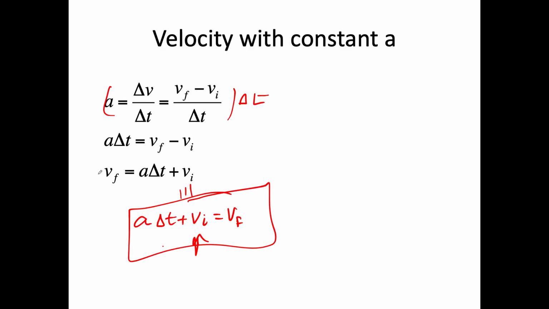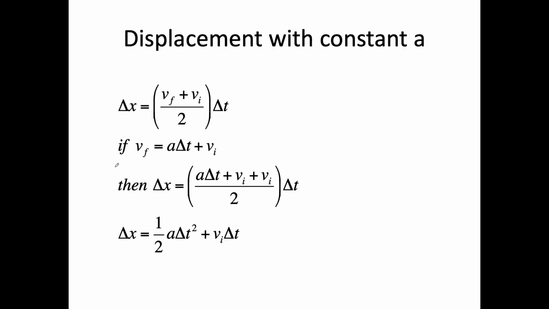We're going to take this equation from our last slide, where final velocity is equal to a times delta t plus Vi, and substitute that into this. So we have the change in x, displacement, is equal to acceleration times time plus initial velocity, over 2 times delta t.